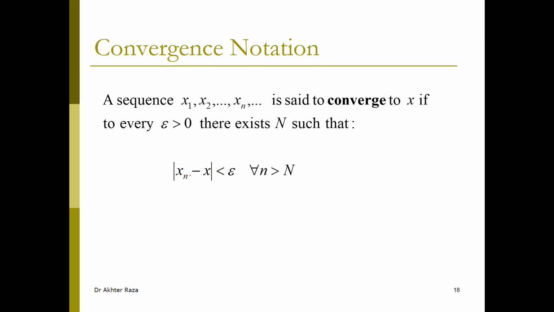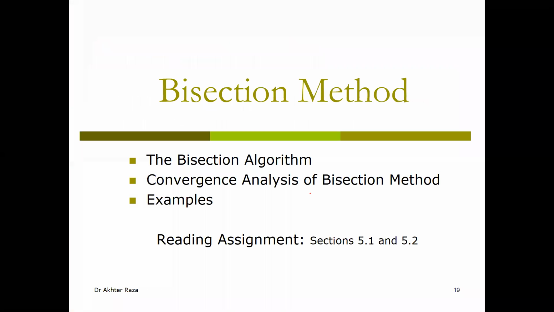If the error is increasing, the series diverges and we are not getting the solution. That is the criterion of whether the root exists or not.